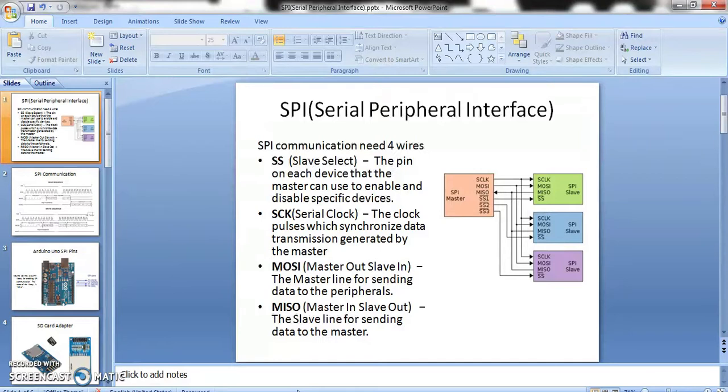So in this case, as an example, we will use two sensors, a temperature sensor and a humidity sensor, as slaves, and Arduino as the master. Since Arduino is the master device and the temperature sensor and humidity sensor are slave devices, the master will be connected with these two slave devices. That means Arduino will be connected with the temperature sensor and humidity sensor, and Arduino will command these two sensors what to do and when to do.